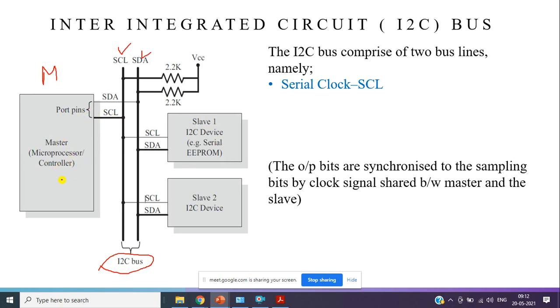Now, what are the slave and the master? The master is nothing but a microprocessor or a microcontroller IC, and the slave device may be a ROM device, or a peripheral attached to your microcontroller. Maybe it is a timer or counter, or even peripherals attached to devices like USB.